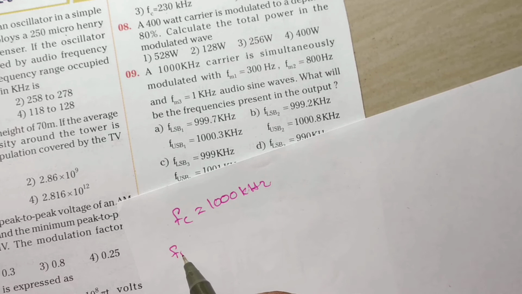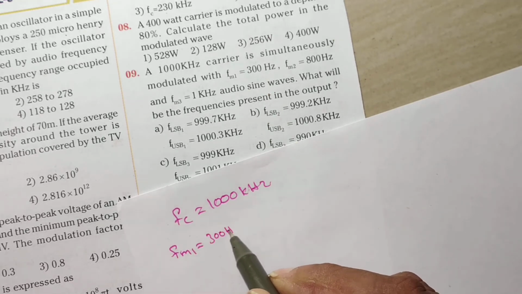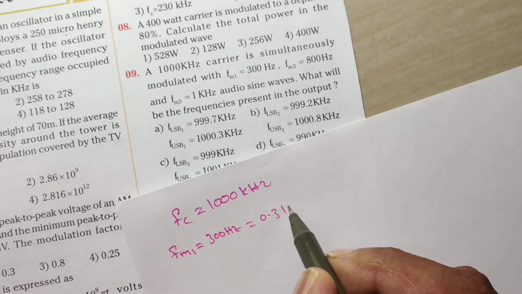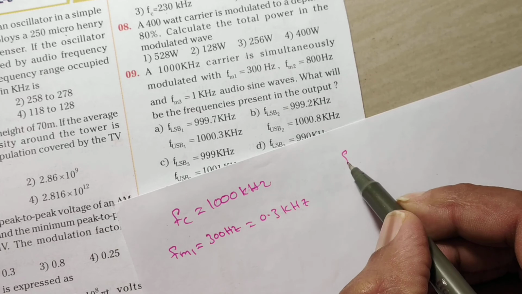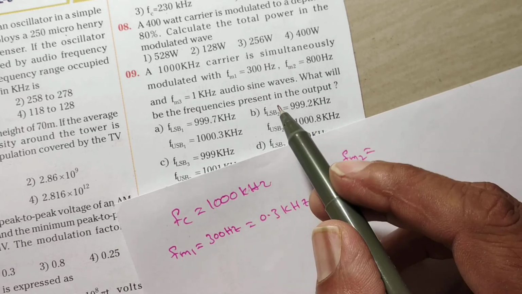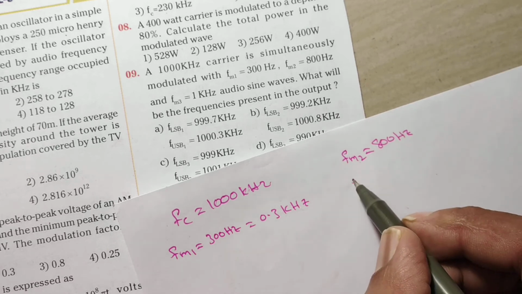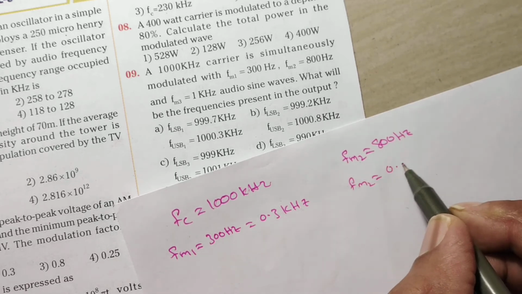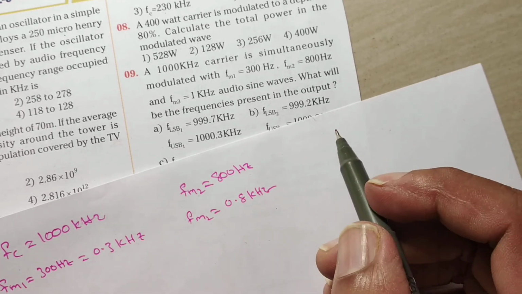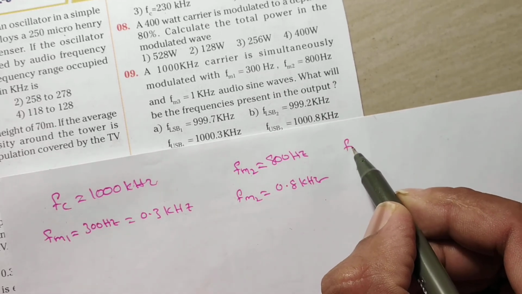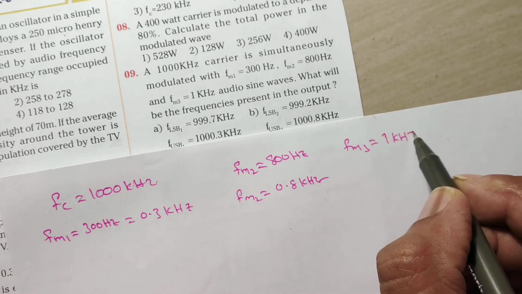FM1 they have given is 300 hertz, which means 0.3 kilohertz. FM2 is 800 hertz, which means 0.8 kilohertz. FM3 is 1 kilohertz.